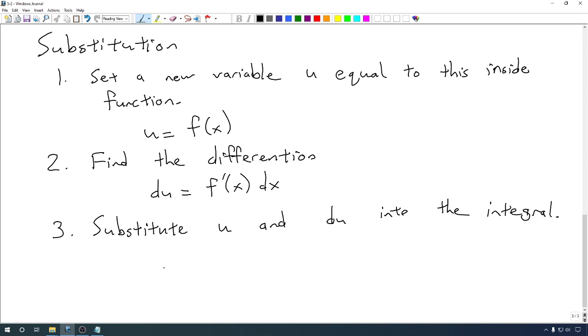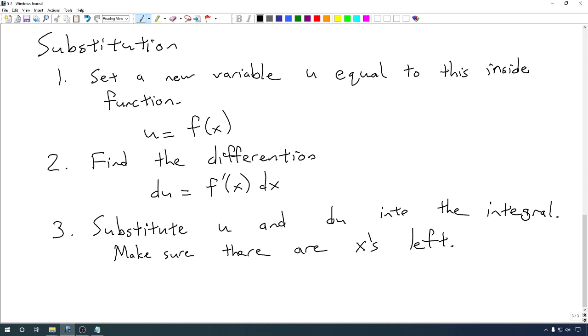And here specifically we need to make sure that we do one particular thing. Make sure there are no x's left. If there's any x's left over in your integral, then you haven't done all the substitution yet.